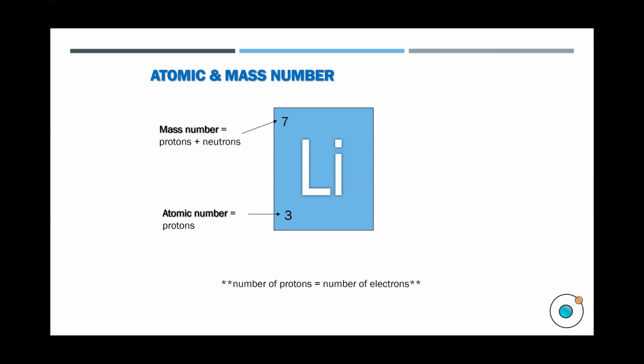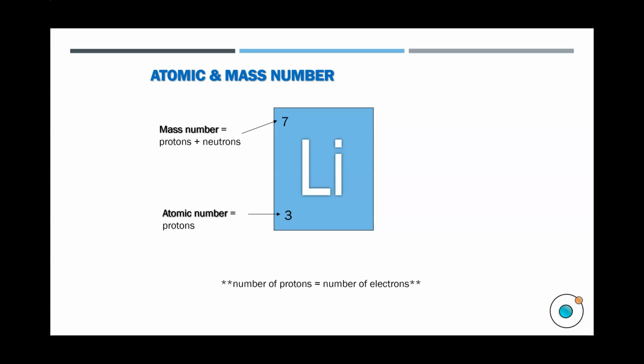And that number at the top there is our protons plus our neutrons. And that is 7. So that means in the nucleus of lithium, there are 7 subatomic particles. And we know that 3 of those are protons. So how do we work out the number of, not the electrons, because that is the same number there, how do we work out the number of neutrons?